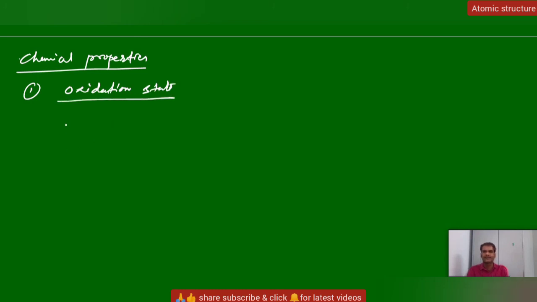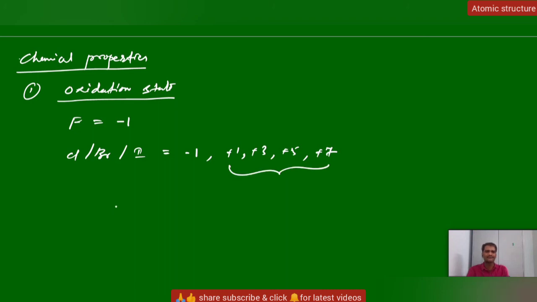Just now we know that according to anomalous behavior, fluorine can show only one oxidation state, -1, but the remaining halogens, chlorine, bromine, iodine, they can show variable oxidation states. Apart from this -1, they can show +1, +3, +5, +7, higher oxidation states also.